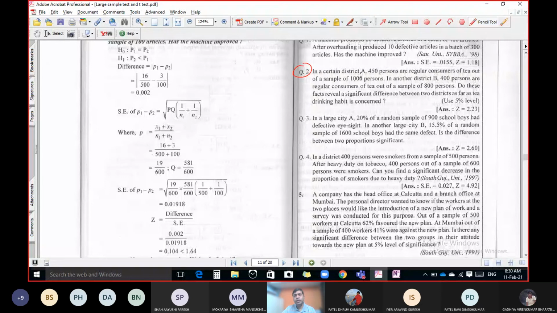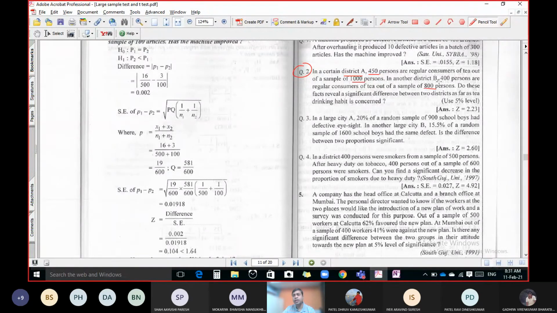In a certain district A, 450 are regular consumers of tea out of 1000. So in city A or district A, out of 1000, we found that 450 have the habit of tea drinking. In another district B, 400 persons are regular consumers of tea out of a sample of 800.